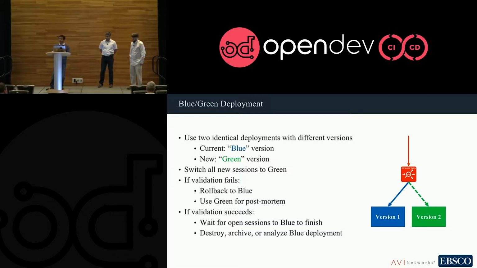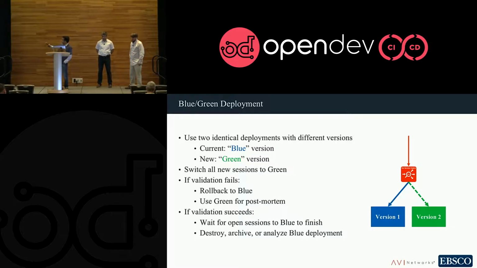If it succeeds and everything is going well, you can then decommission your blue, and start throwing it away and preparing it for the new version. If the validation fails, you can switch back to your blue because it's still there, and then you can use green for a postmortem if something goes wrong.